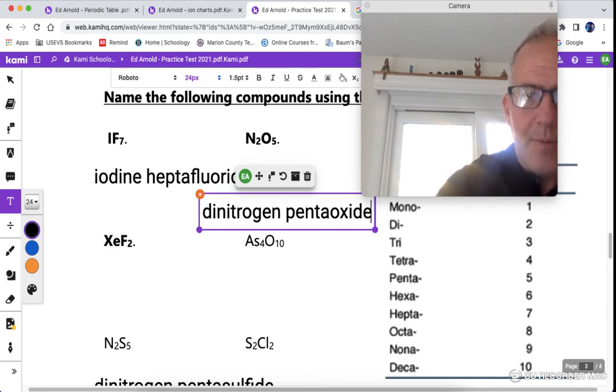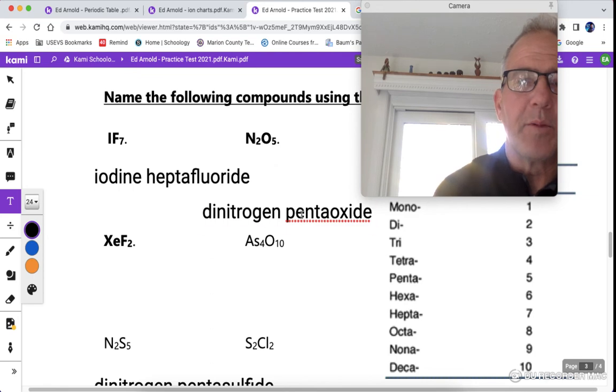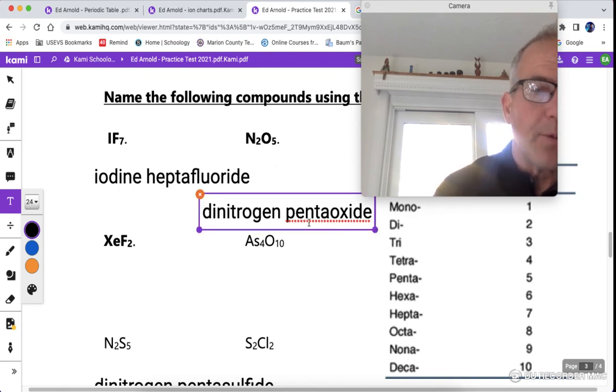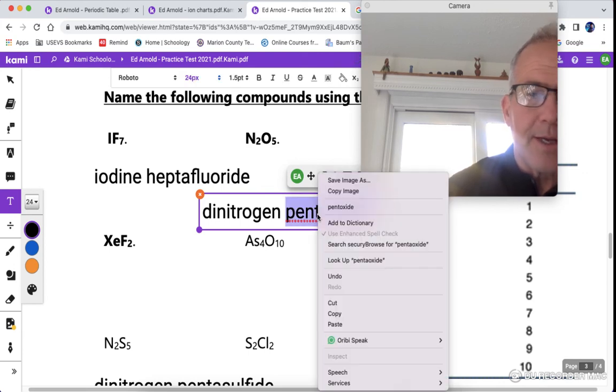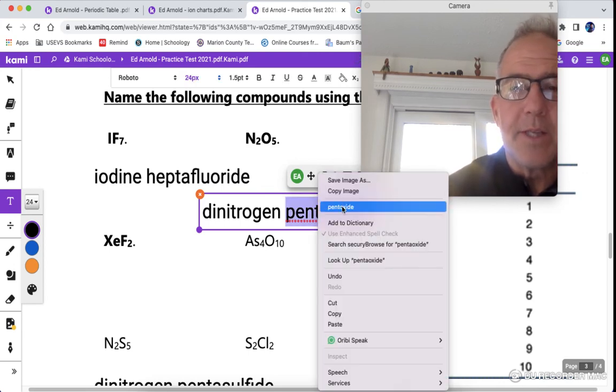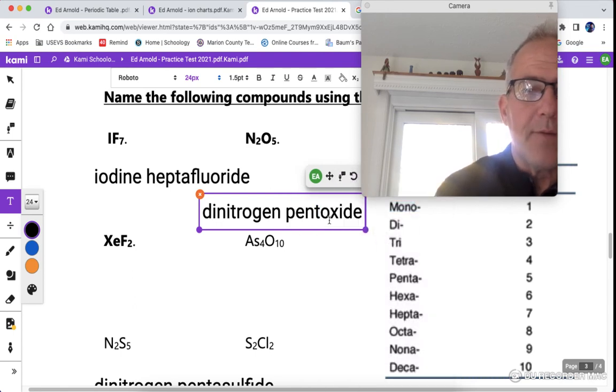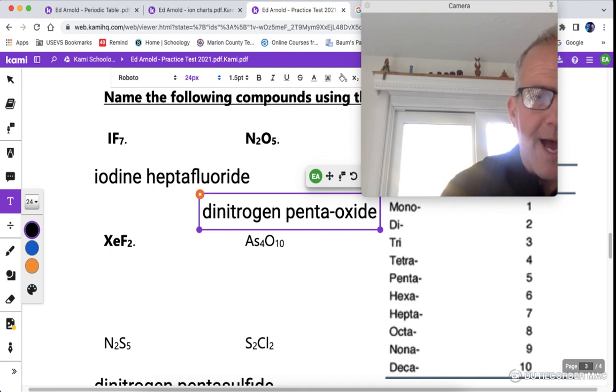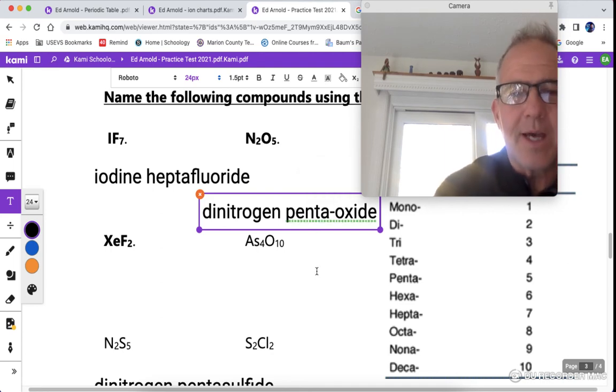If you put it in like this, it's going to come up with a misspelling, and the reason is because this A gets dropped, because you have 2 vowels together. If you click on that, it will fix it for you. See, the A's dropped out. If you want to not worry about that and put penta-oxide, you can do that too. Either way works fine with me.